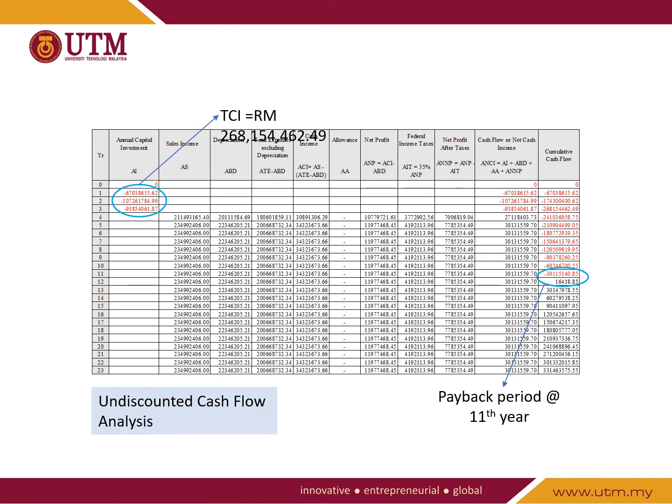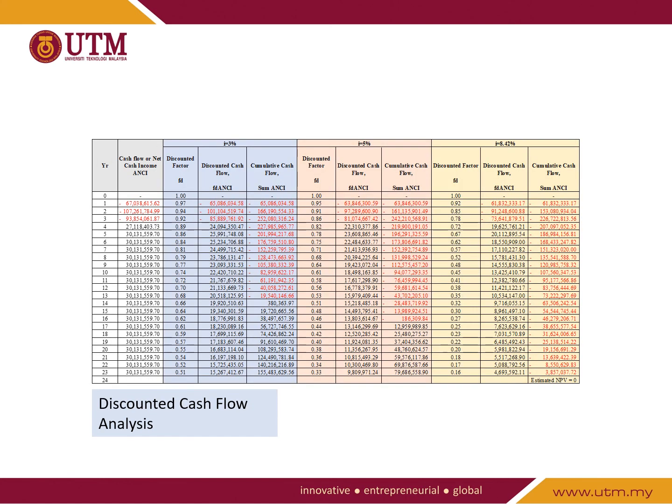So excluding the 3 years for plant construction, the payback period is actually 8 years. Then we have our discounted cash flow analysis, where we use different rates to find out different payback periods. So we have 3%, 5%, and 8.42%, where by year 20, we will estimate NPV equal to 0.